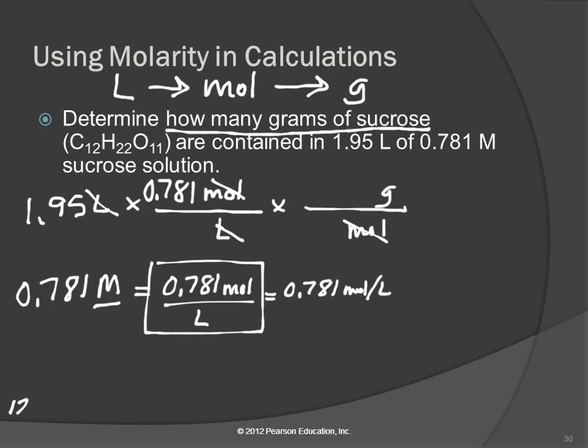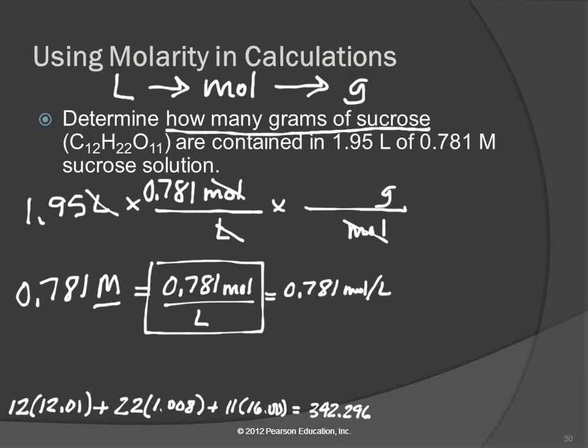So sucrose, 12 carbons. Each carbon is 12.01. 22 hydrogens. Yes, that's a lot of hydrogens. It's okay. That's what it is. And 11 oxygens. Anybody have that number? 342.296.